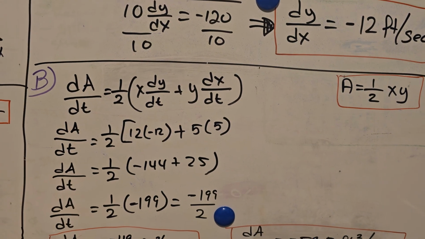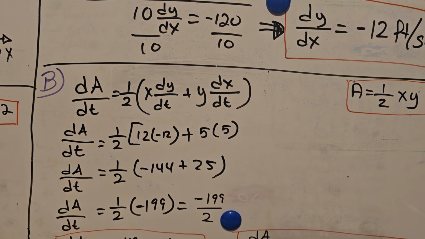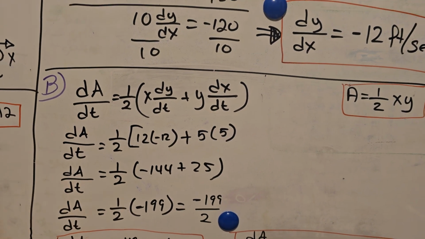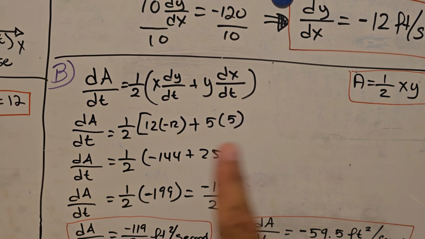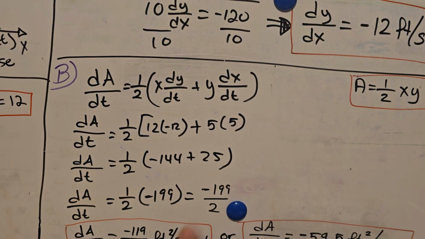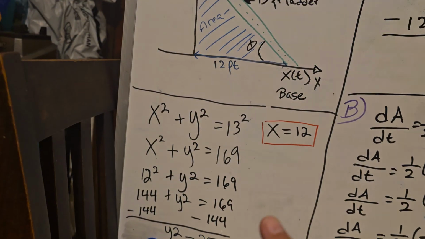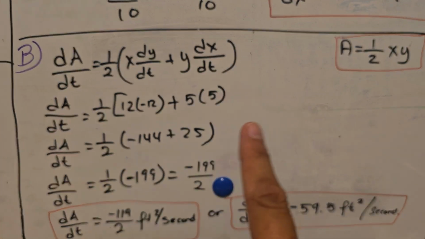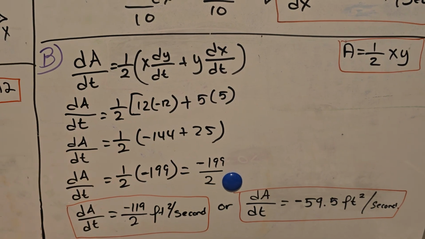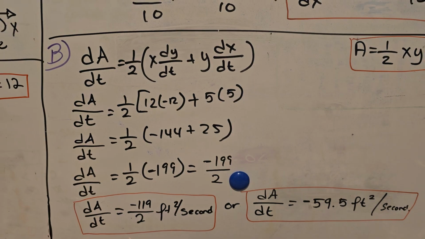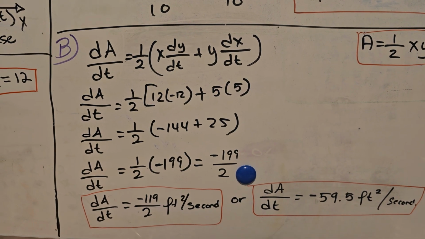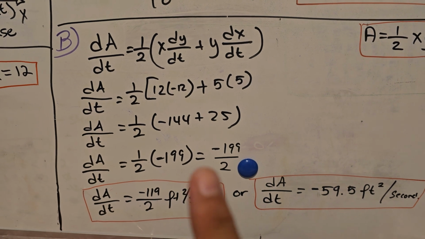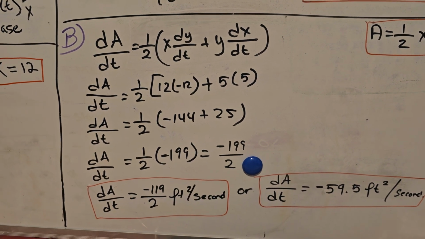So now we're substituting, because of course we already know that x equals 12 and y equals 5. We add all that, and then we get 1/2 times negative 119 equals negative 119 over 2.